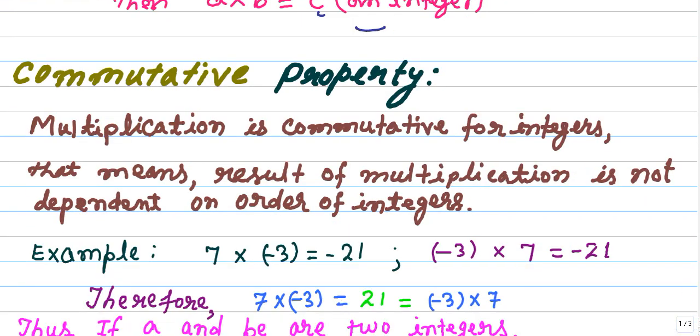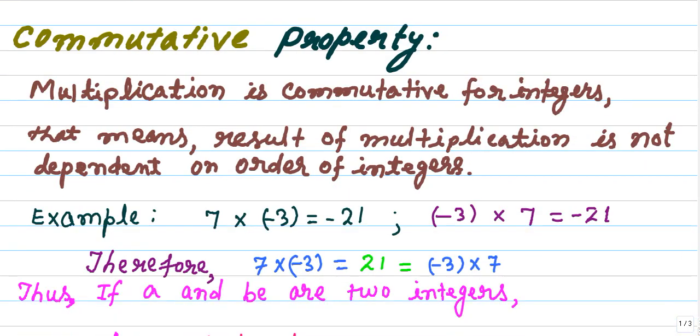The second property is the commutative property. The multiplication of integers is commutative. That means the result of multiplication does not depend on the order of the integers. When we change the order, we get the same product. For example, we have taken 7 into minus 3 equal to minus 21, and minus 3 into 7, we get minus 21.